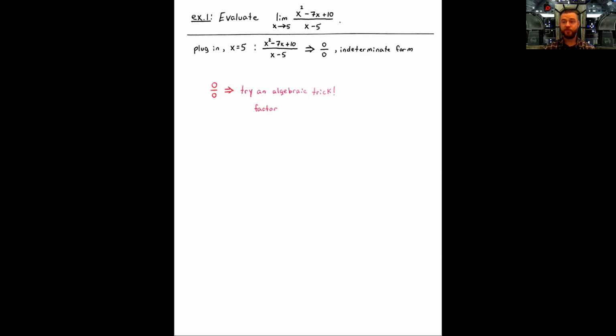If you take a look at that numerator, that looks like something that you would factor. So our first algebraic trick that we're going to introduce is basically factoring. Again, an important skill from your algebra course.